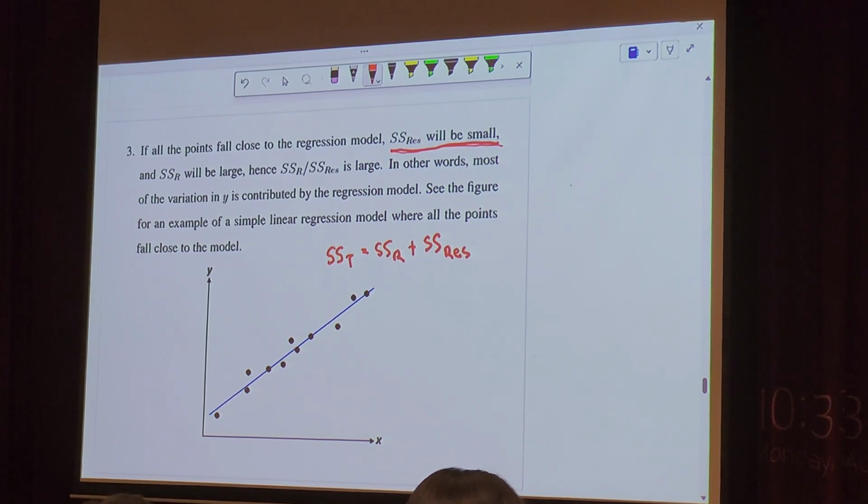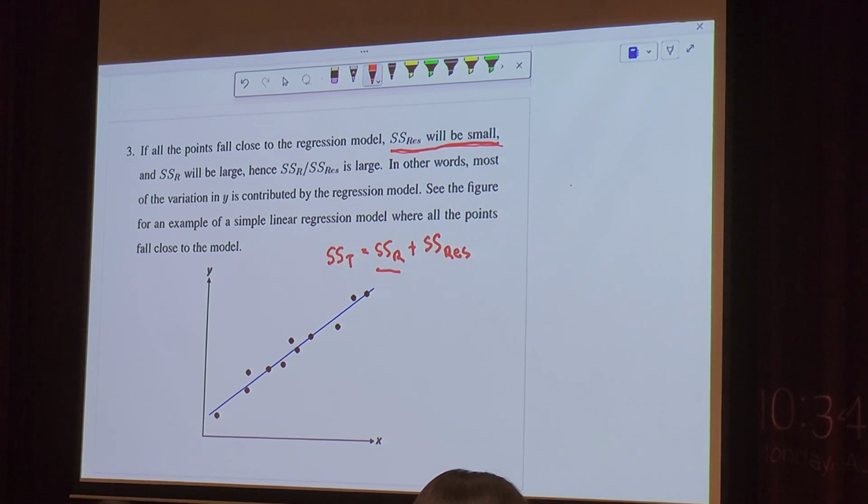So if SS residue is small, then SSR has to be large, because SST is a constant, given that the data set is constant. It's just that who contributes more to that variation in y? Is it the residual part or is it the regression?